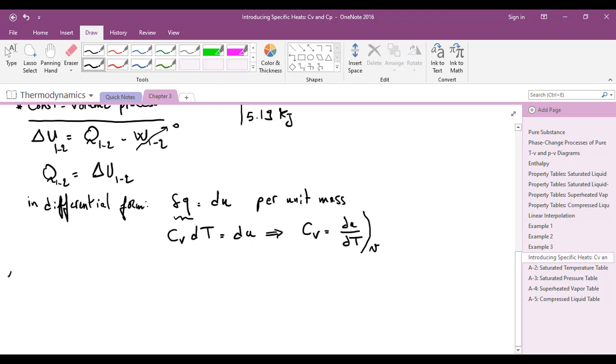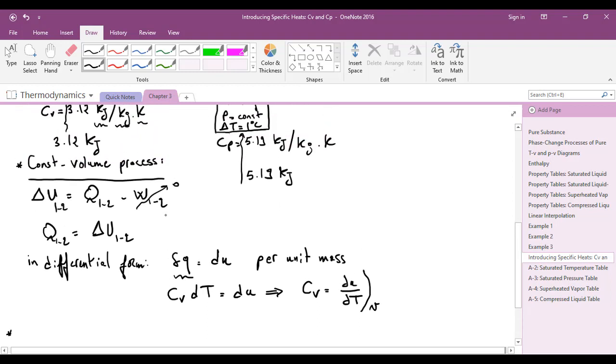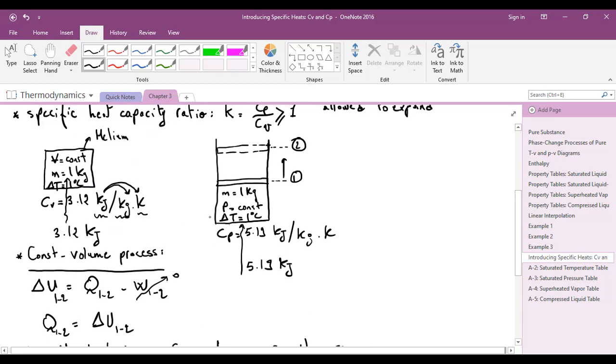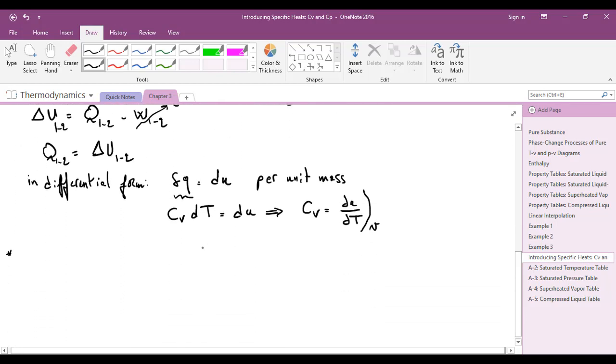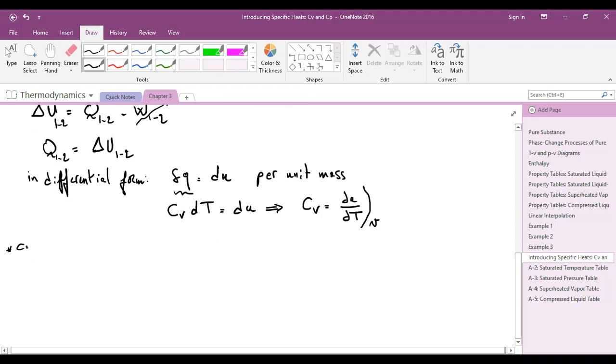And if we apply the first law of thermodynamics for the constant pressure process, it will be delta U from 1 to 2 equals Q from 1 to 2 minus the work from 1 to 2, and here the pressure is constant, so the work is P delta V from 1 to 2.